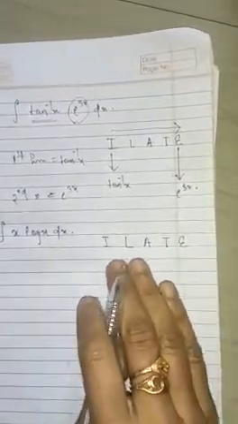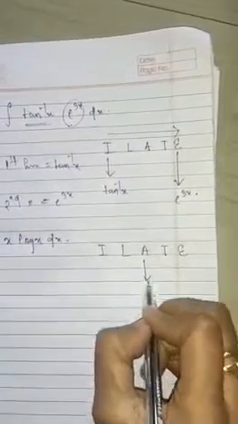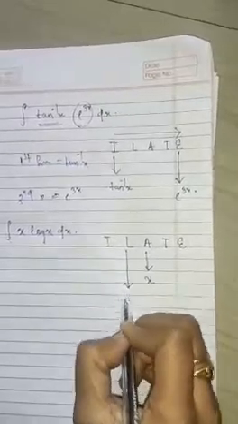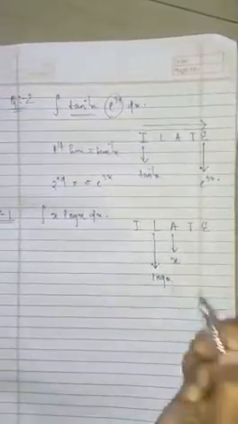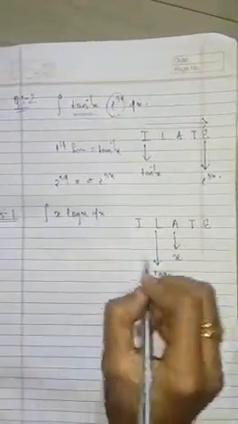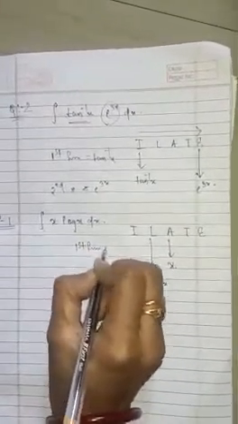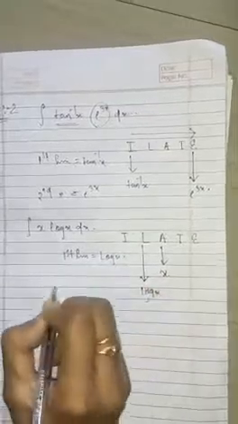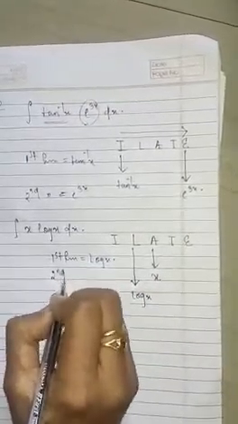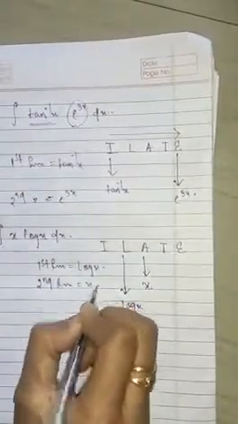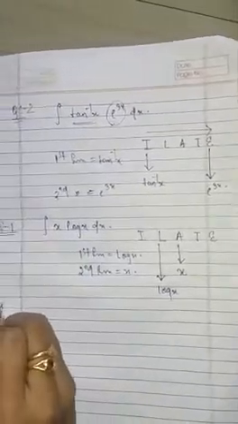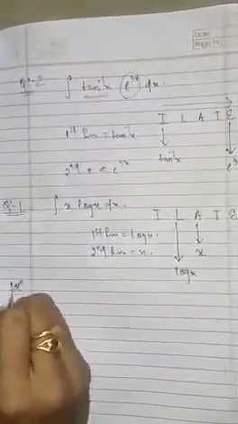For that you have to follow the ILATE rule. x comes under the letter A as it is an algebraic function. Log x comes under the letter L as it is a logarithmic function. So L comes first, so your first function is log x. A comes later, so the second function is x. Okay, now come to the solution.